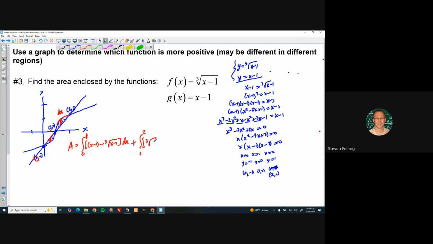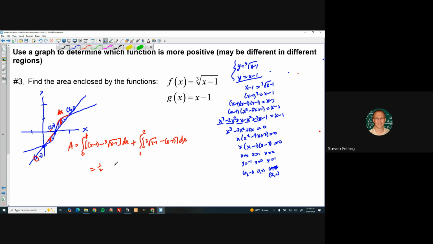So the cube root of x minus 1 minus (x minus 1). Right, so this is the integral that would set this up. If you integrate this either by hand or with Math 9, you end up getting 1/2.